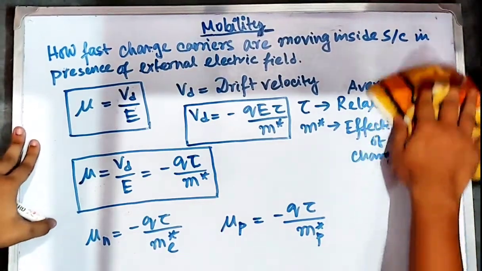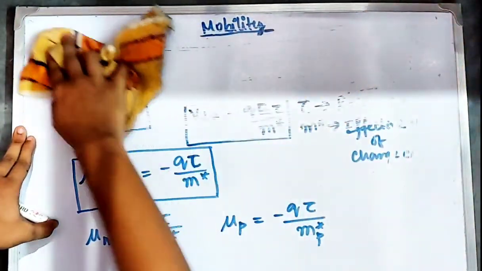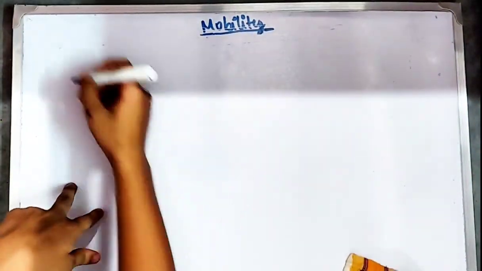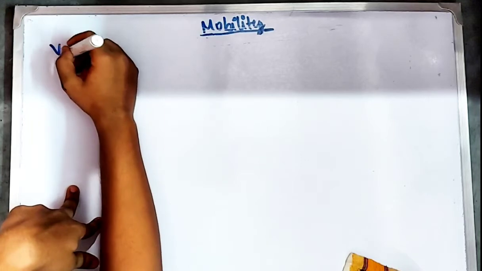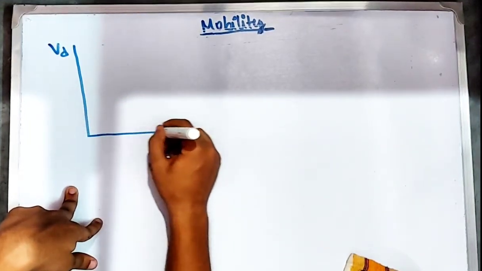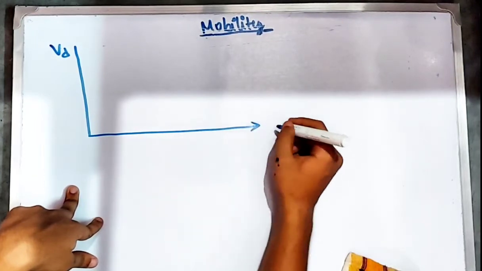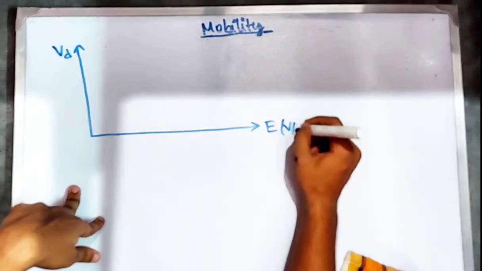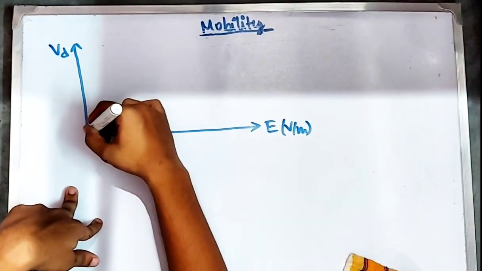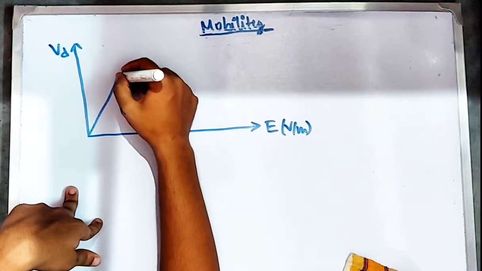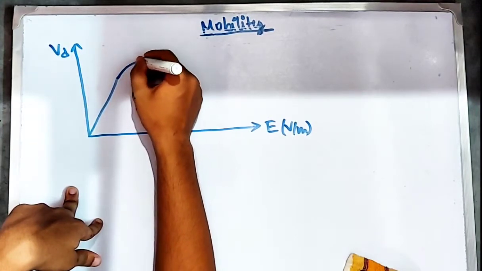So right now I will be discussing the drift velocity versus electric field plot. If we plot the drift velocity of carriers of a semiconductor against the electric field that is applied across the semiconductor, then the graph will be something like this.